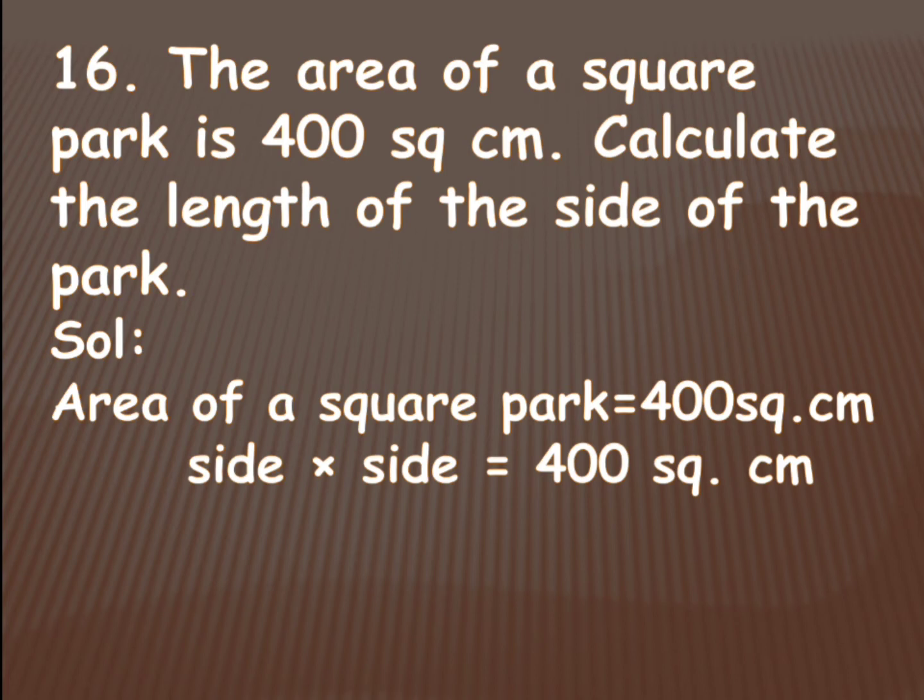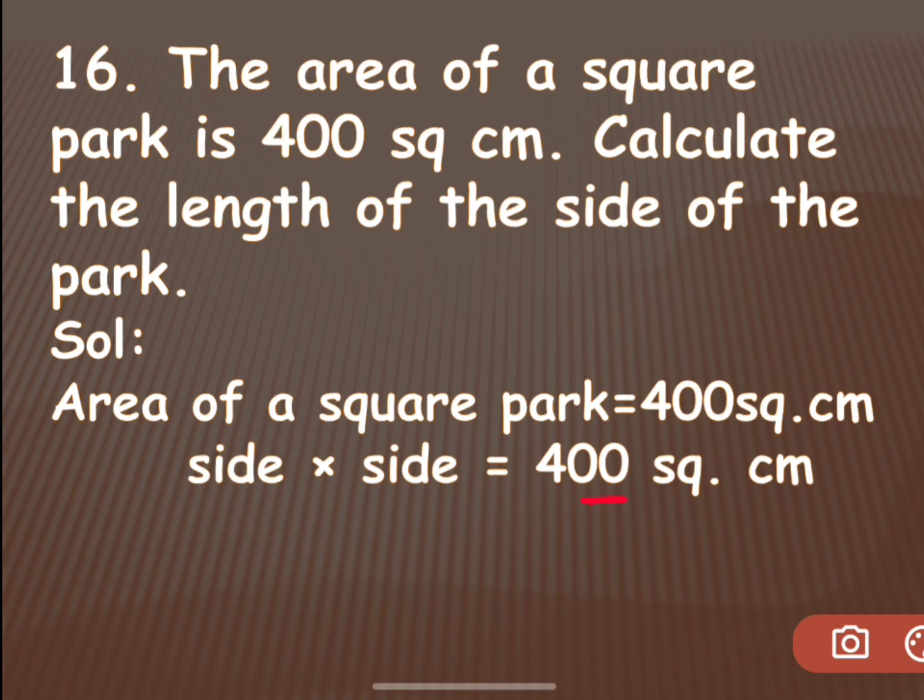So here you have to multiply one number to itself to get 400. So here, children, you have to do a little mental math. How? See here, there are two zeros, isn't it? The answer is 400. So to get 400, you need to multiply the same number to itself, like 1 into 1, 2 into 2, 3 into 3.